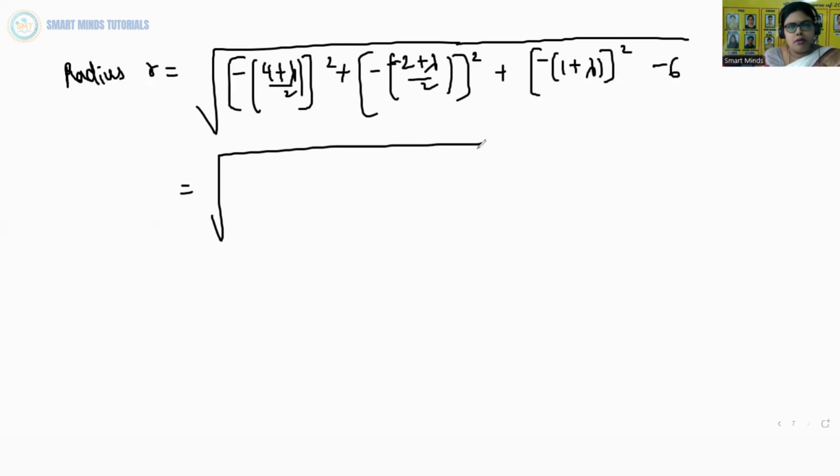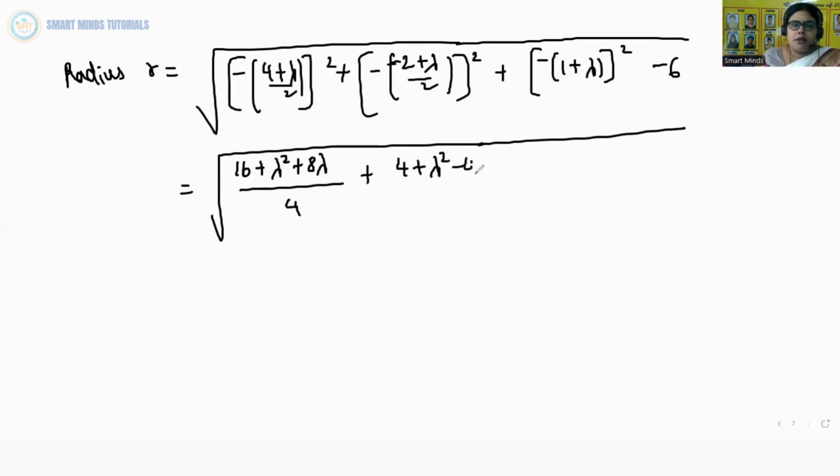So that is equal to root over, minus square will become plus. Now we are expanding (a plus b) whole square: (16 plus lambda square plus 8 lambda) by 4 plus (4 plus lambda square minus 4 lambda) by 4 plus 1 plus lambda square plus 2 lambda minus 6.